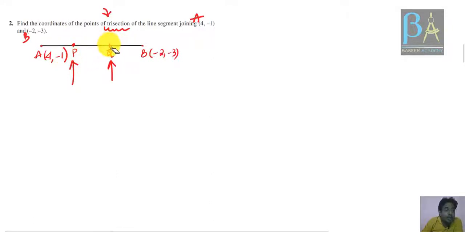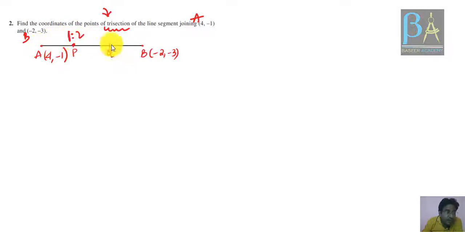Now, the point P is dividing the line segment AB in the ratio 1:2. How do I know this? See, if you are at point P, to the left you see only one part AP, and to the right you see 2 parts, PQ and QB. So to the left you have to write 1 because you have 1 part to the left.